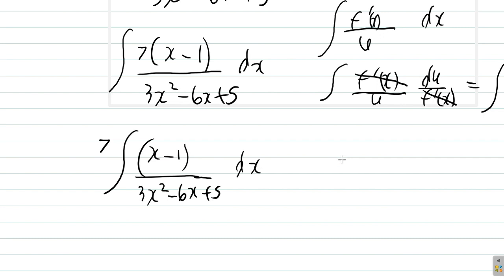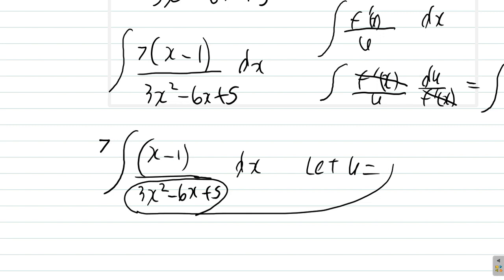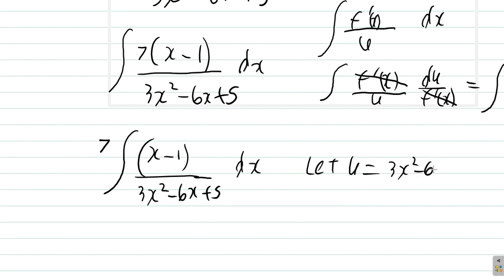Alright, so now you're going to say let u be equal to, remember, it's going to be equal to this, right? Let u be equal to 3x squared minus 6x plus 5, right?